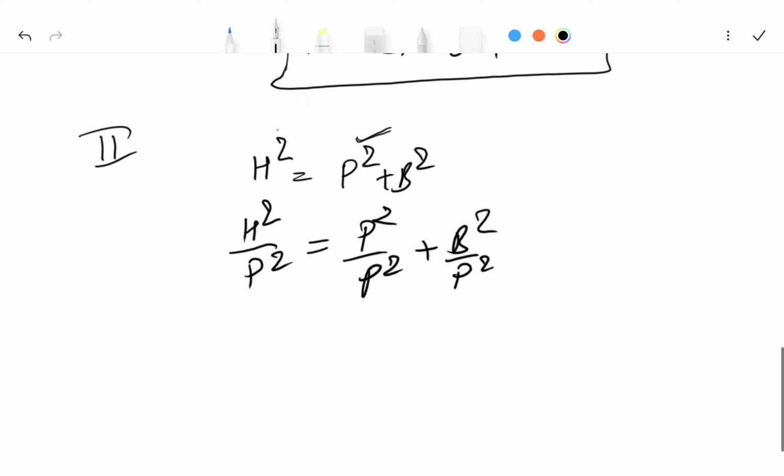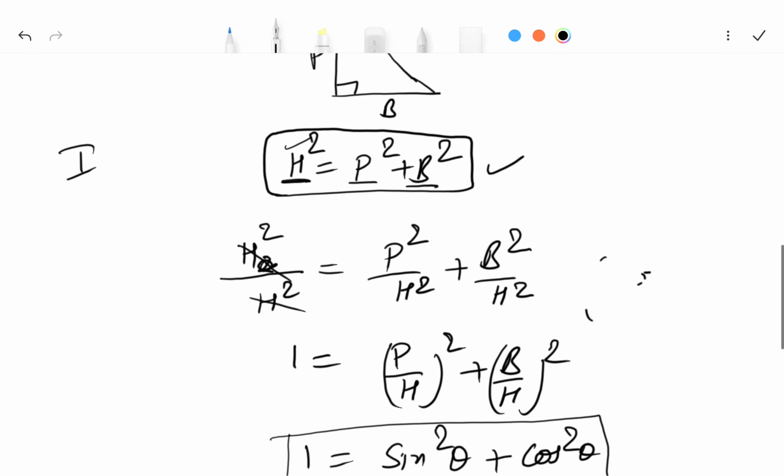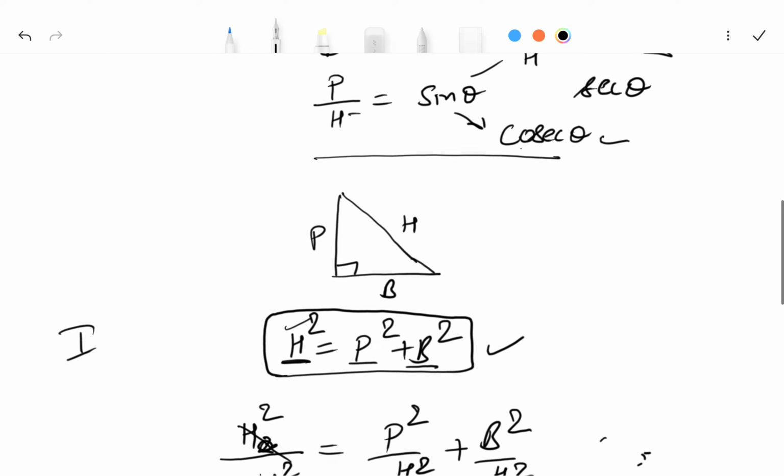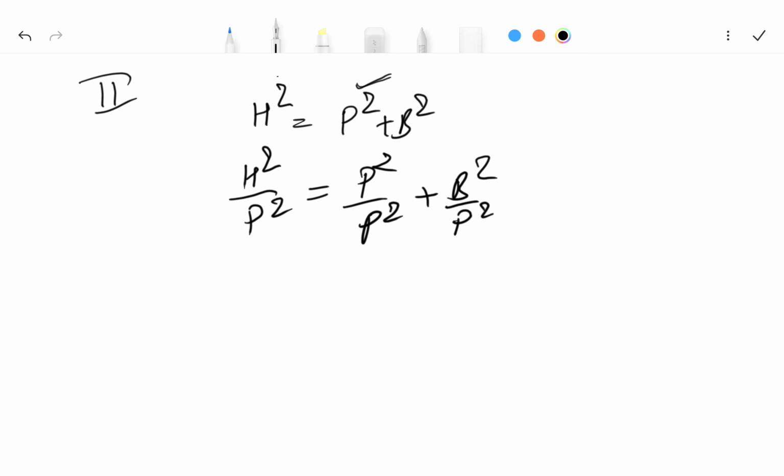Okay, then what is h by p? H by p is cosecant. I already told you that cosecant is the reciprocal of sine, so h by p whole square is cosecant square theta. I can cancel p with p, it is 1. And what is b by p?